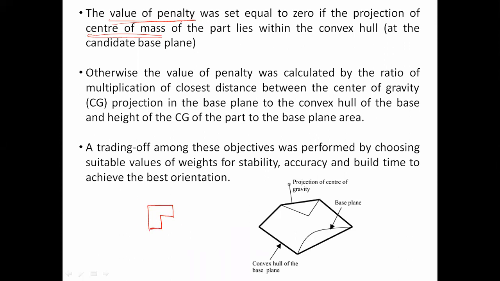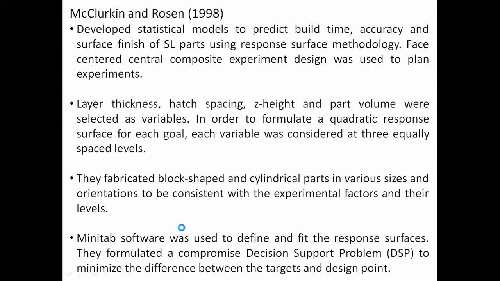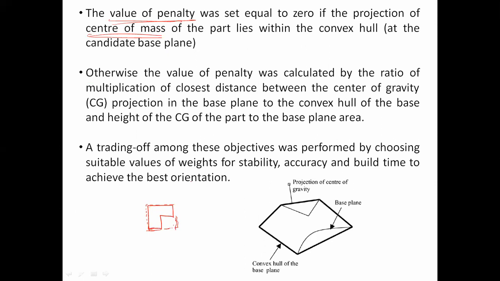First of all, you prepared a convex hull. This is the convex hull. This is the first point, this is the second point, this is the third point, and this is the fourth point. Let me name them P1, P2, P3, and P4.